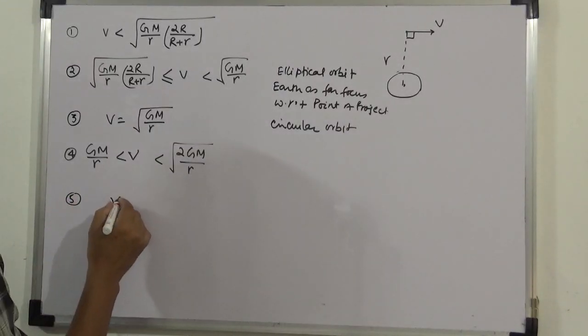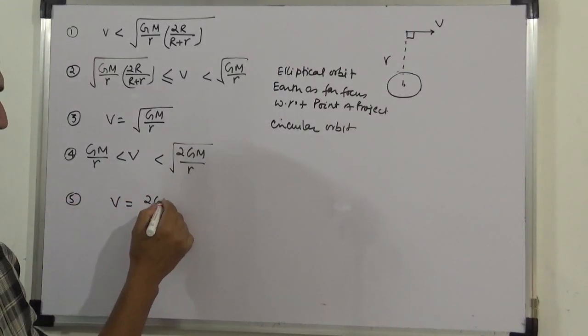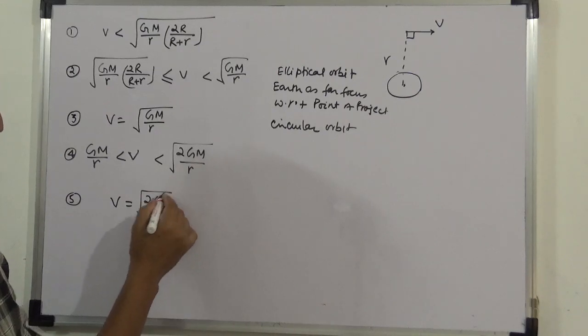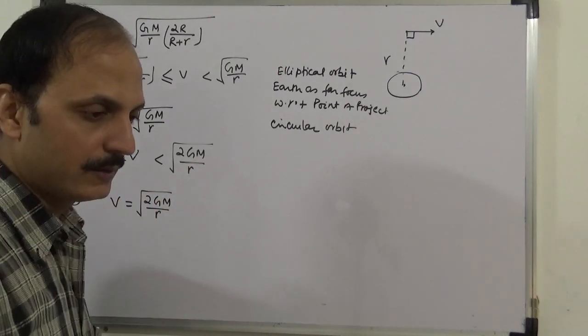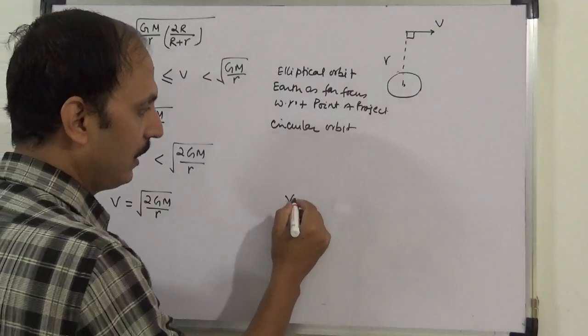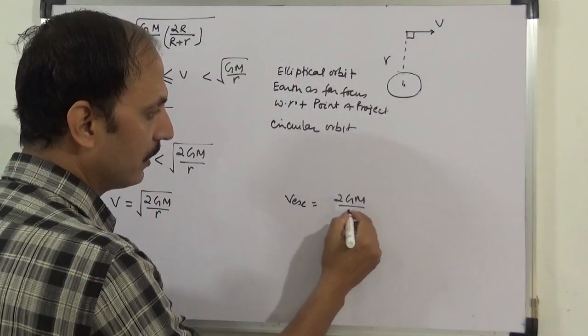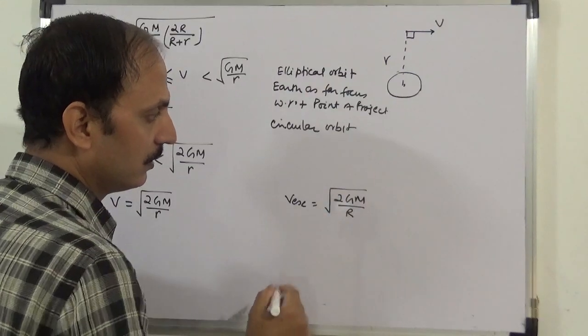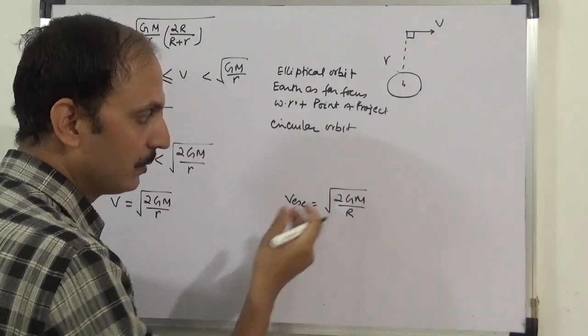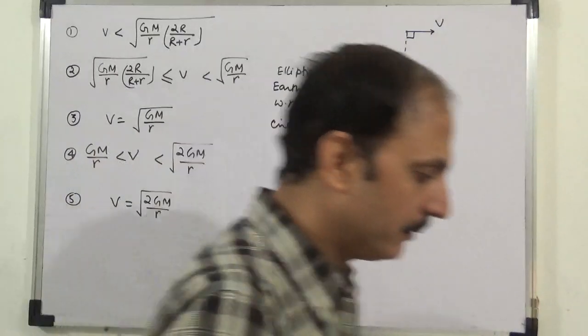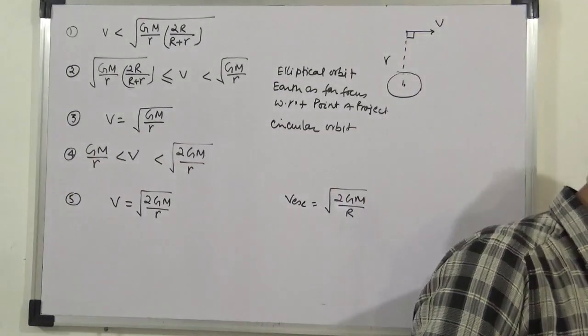Fifth, if V is sqrt(2GM/r), again, the velocity of escape is different. The velocity of escape was sqrt(2GM/R), that was the velocity of escape, where R is the radius of earth.